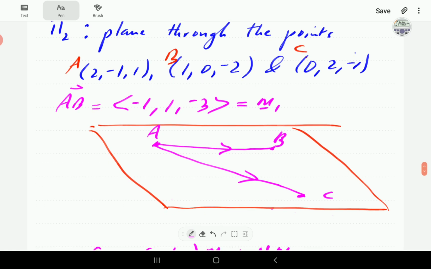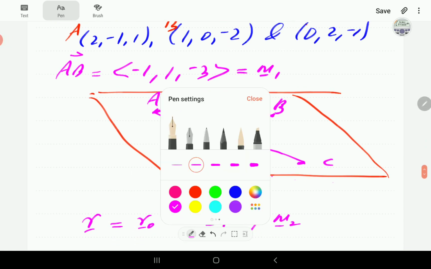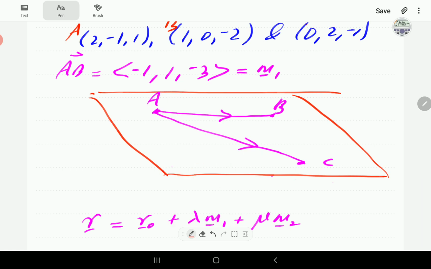Then for the other direction vector, if I change my mind and do BC, BC is going to be 0 minus 1, 2 minus 0, minus 1 minus negative 2, so it's going to be 1. So these are the 2 direction vectors that we have.